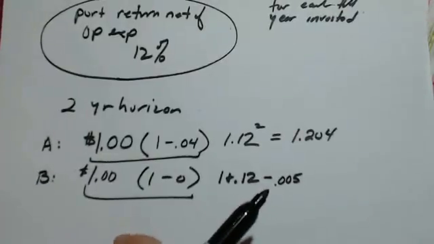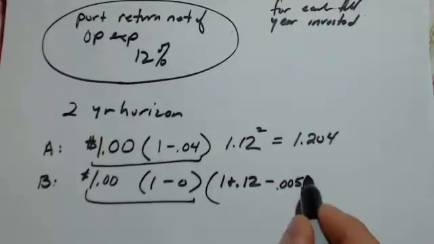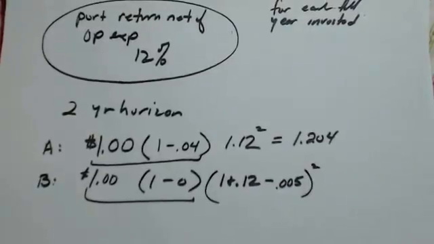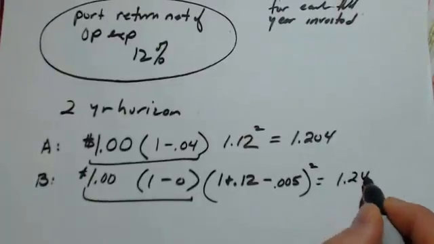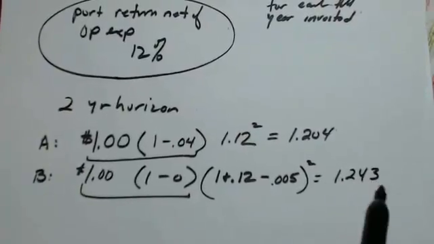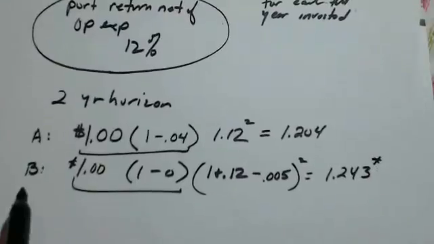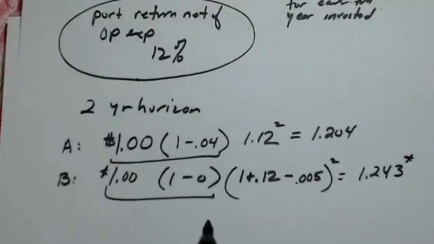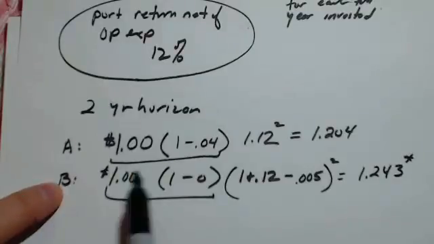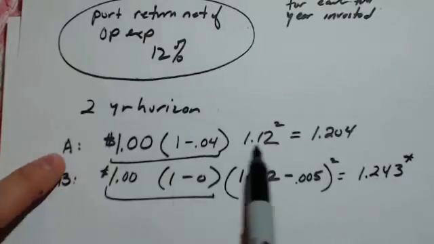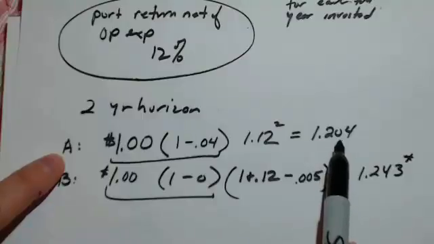And so you need to take that into consideration, and that's going to happen over 2 years, compounded over 2 years, and you end up with $1.243. So which is the better investment? Well, given that you have a 2-year horizon, you're better off investing in Class B, because you end up with $1.24 versus Class A, which is $1.20.